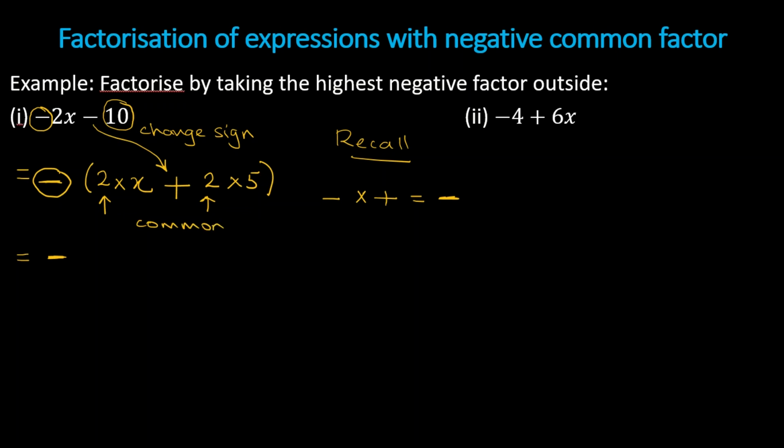So it is a common factor here. So we cut the 2 and we take it outside the bracket. So we are left with x plus 5. Right? So this is it. We have been able to factorize by taking the highest negative factor outside the bracket.